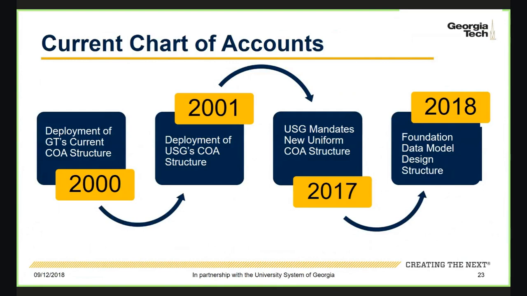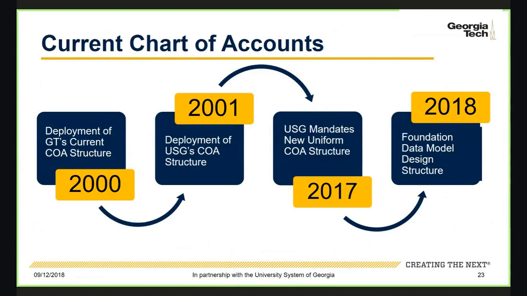The mandate issued in 2017 stated that each university within the university system must align their chart of accounts to the USG structure. This mandate has provided us with the opportunity to eliminate most, if not all, of our USG reporting challenges.